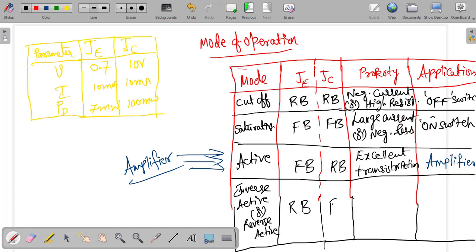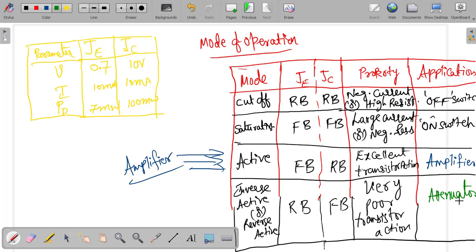This will be reverse bias and this will be forward bias. Very poor transistor action, whereas the active region has excellent transistor action. The applications are used in an attenuator. Attenuator is just the opposite of amplification.